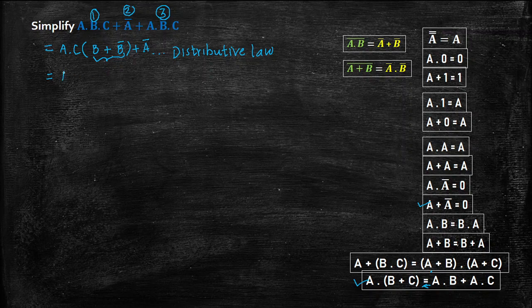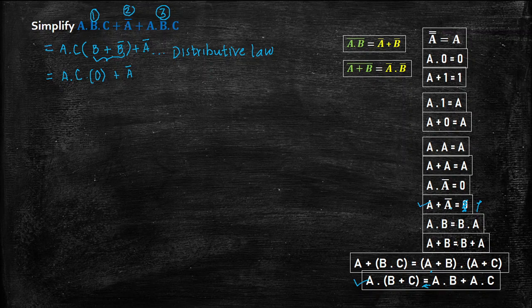So A C as it is, dot, since no sign is involved that means it is dot, then 1, plus A complement. Sorry, it's not 0, it has to be 1.